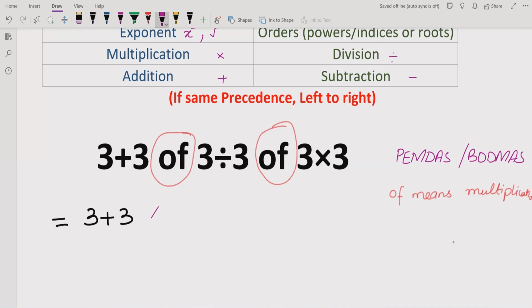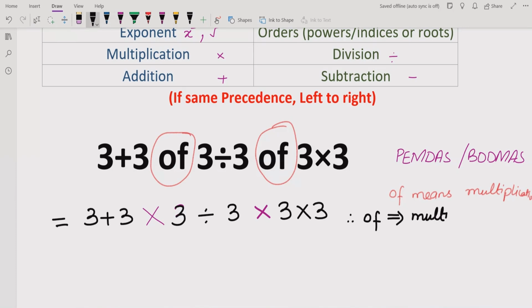Now we have the multiplication sign, so we will write multiplication, and after that 3 divided by 3. Again, we have the multiplication sign here, and now we will write 3 multiplied by 3, right? Now we can solve easily.